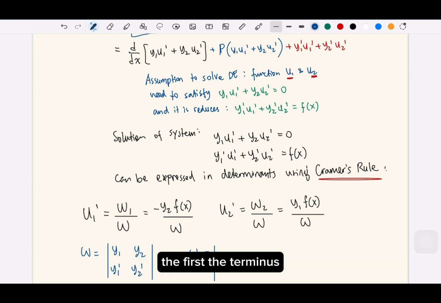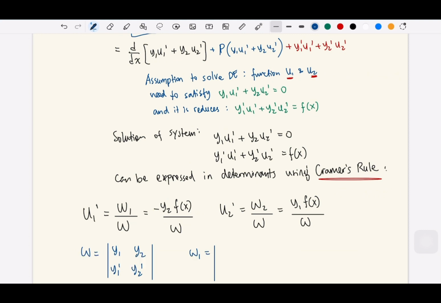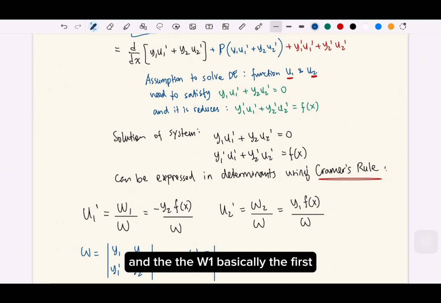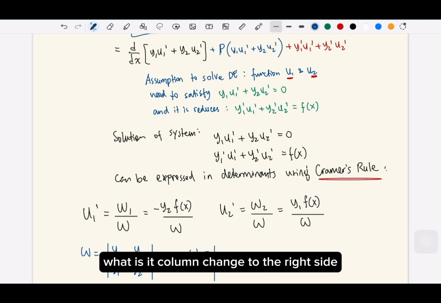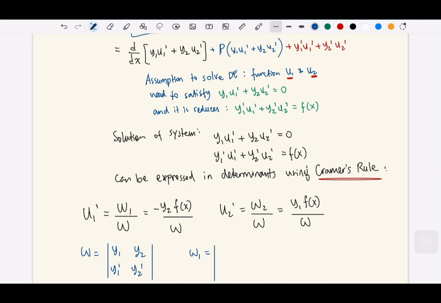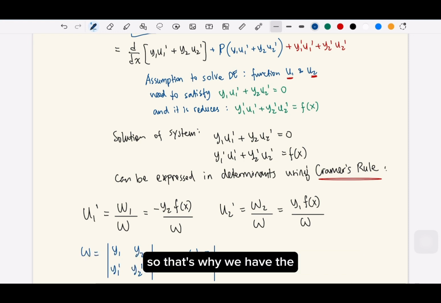The first determinant, W, is all these coefficient terms put here. For W1, the first column is changed to the right side. And for W2, the second column is changed to the right side. That's why we have the negative, because we have 0 and f of x, then y2 and y2 prime.